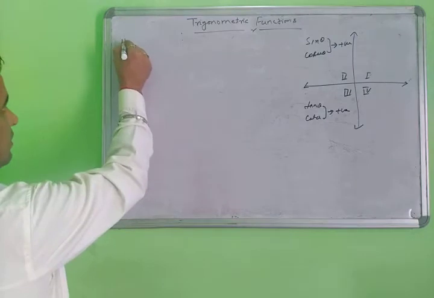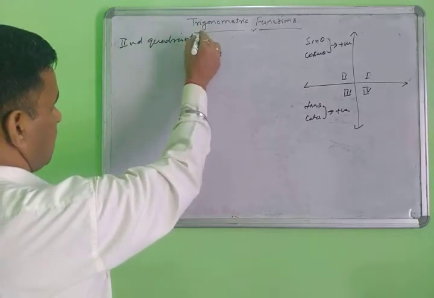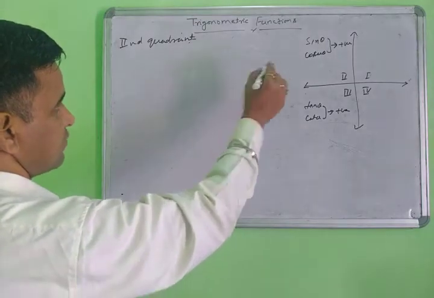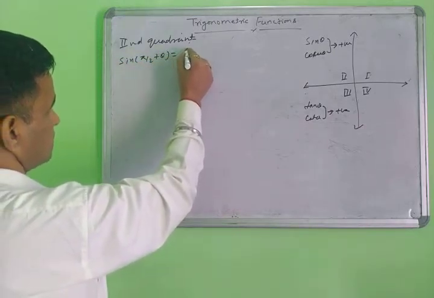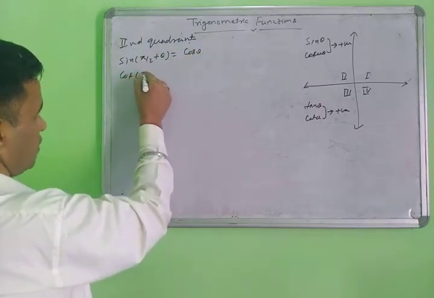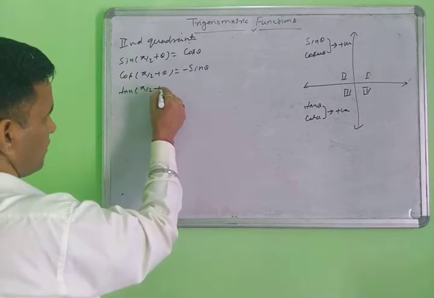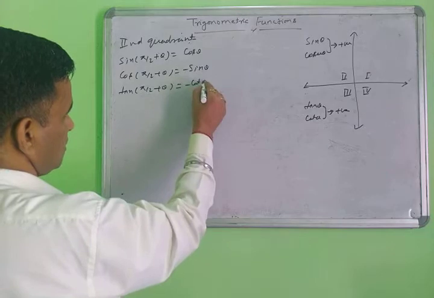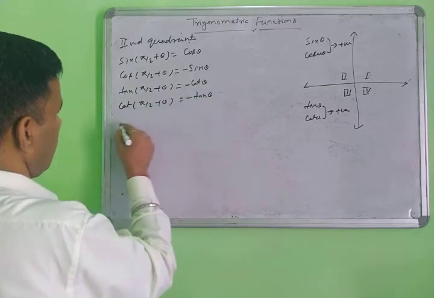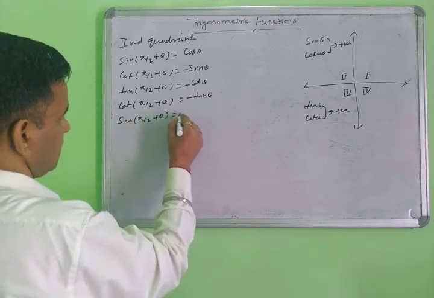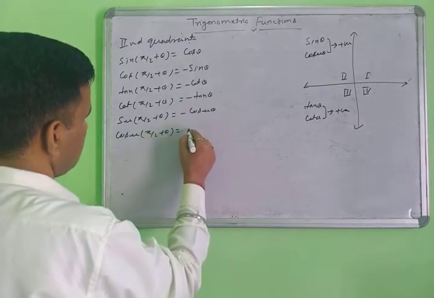So now look here in the second quadrant. In the second quadrant, first is sin(pi/2 + theta) equals cos theta, and cos(pi/2 + theta) equals minus sin theta, and tan(pi/2 + theta) equals minus cot theta, and cot(pi/2 + theta) equals minus tan theta, and sec(pi/2 + theta) equals minus cosec theta, and cosec(pi/2 + theta) equals sec theta.